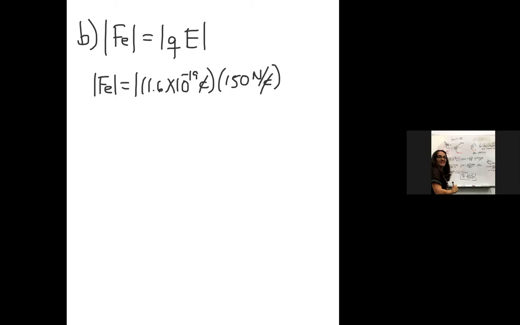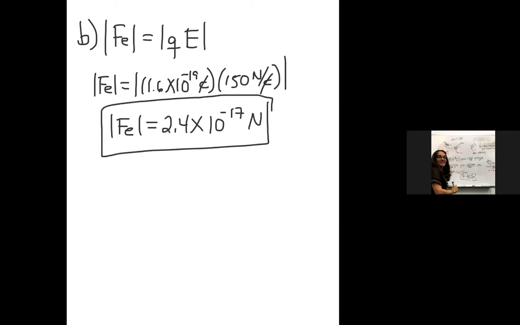My coulombs cancel. And we get a magnitude of the electric force of 2.4 times 10 to the negative 17 newtons.